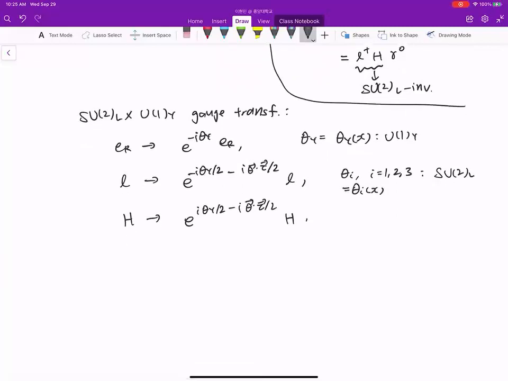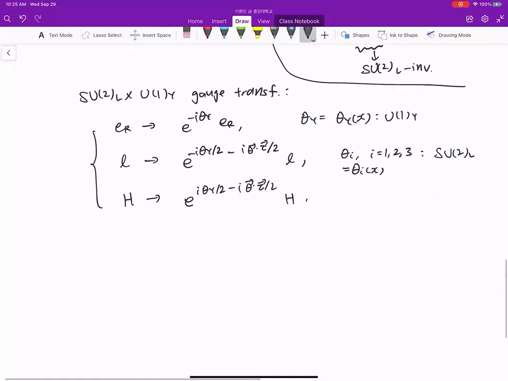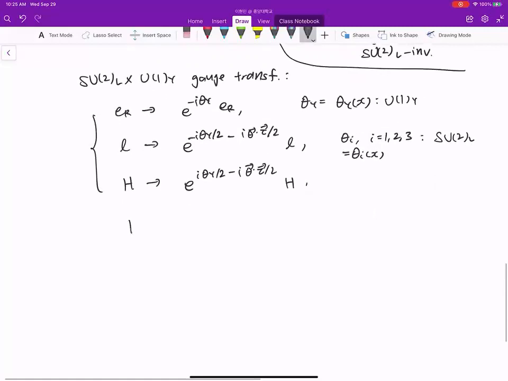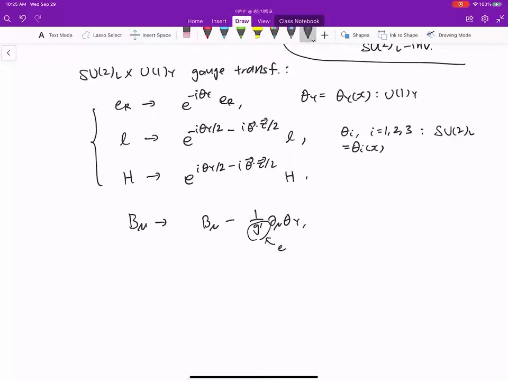And this is the matter sector, and the gauge field must transform at the same time by the gradient of the transformation parameter. And here, as compared to the U(1) electromagnetism, QED, g' is supposed to be e in the case of QED, but we have a gauge coupling associated with hypercharge, so g' instead of the electromagnetic charge.